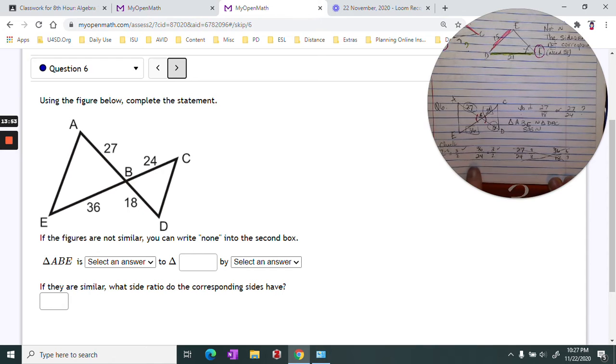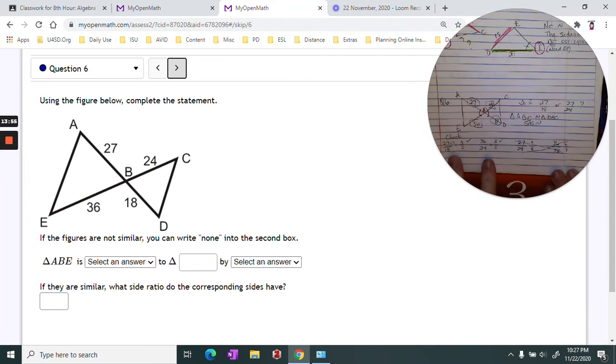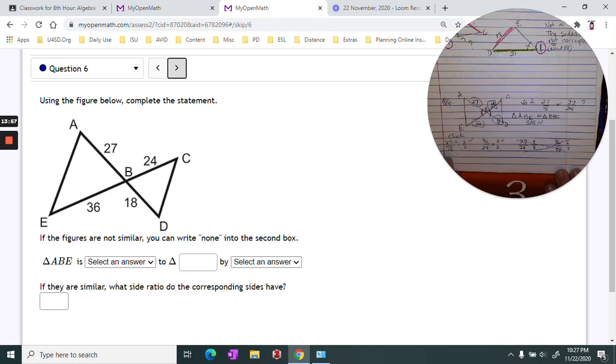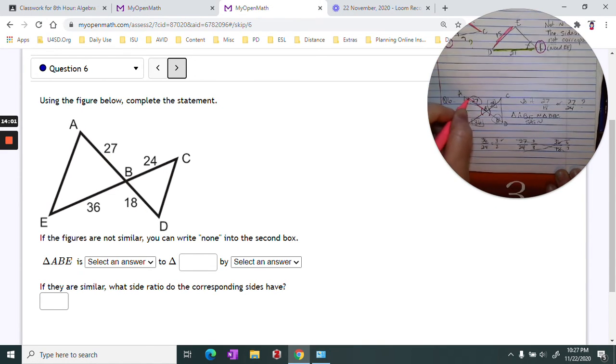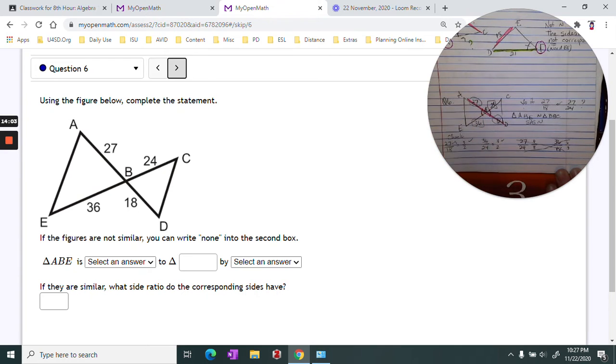So what I did is I did it both ways, just to check. So I did 27 over 18. So if I do that, I have this to this. And then that means I have to do 36 to 24. Okay, so there's my 36 to 24. There's my 27 to 18.